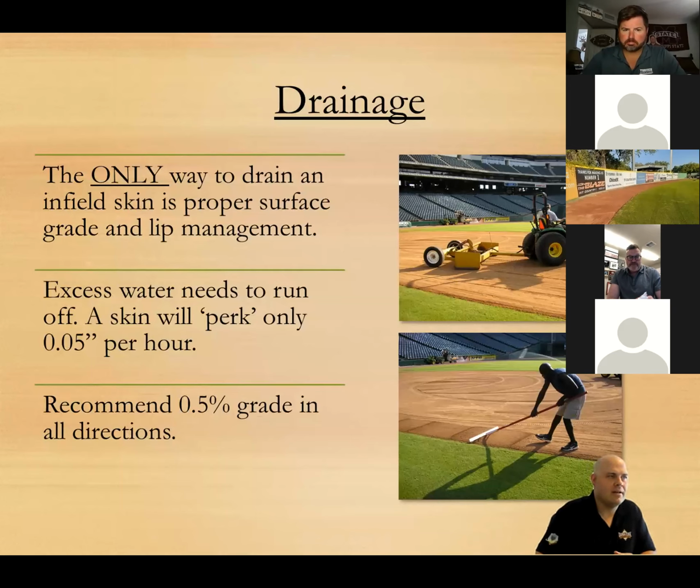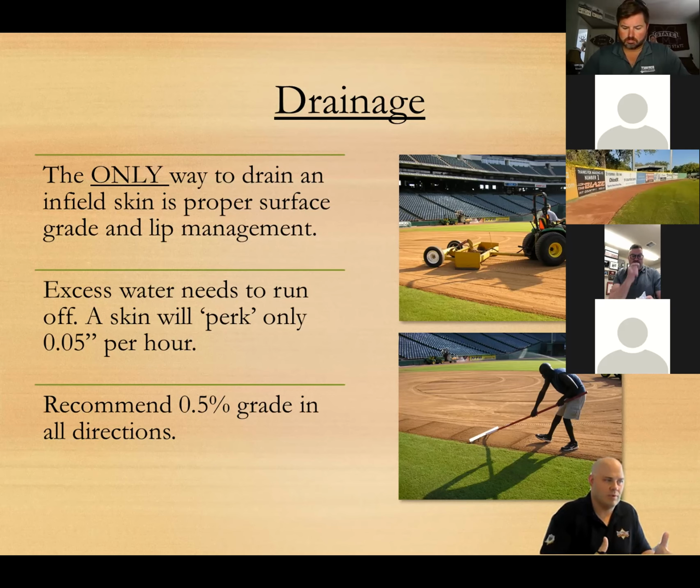Talking a little bit about the definition of drainage. Infield skins are not made to infiltrate like you see with a root zone, like an infield grass area or an outfield grass area. A native root zone will drain between 3 to 7 inches an hour, roughly.